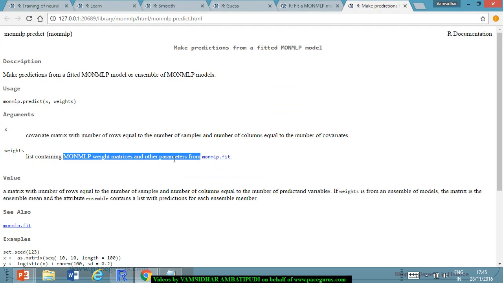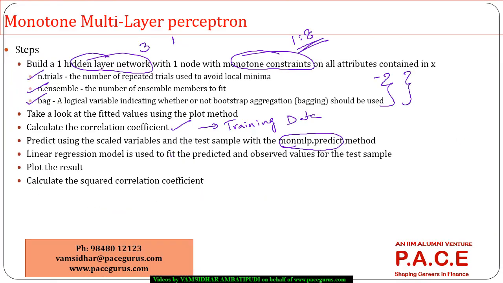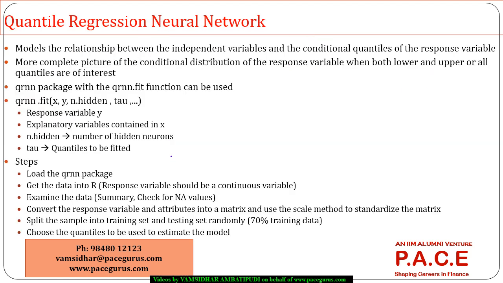So we should be comfortable in terms of working out with monotonically increasing attributes associated with the response variable. Multi-layer perceptron model is something that I can very well fit to the data. Now, coming on to one more important model regarding the numerical prediction, I'm talking about quantile regression.